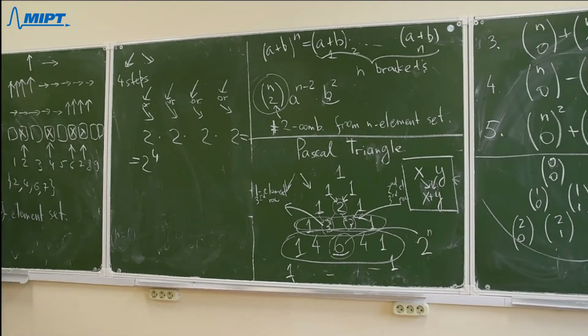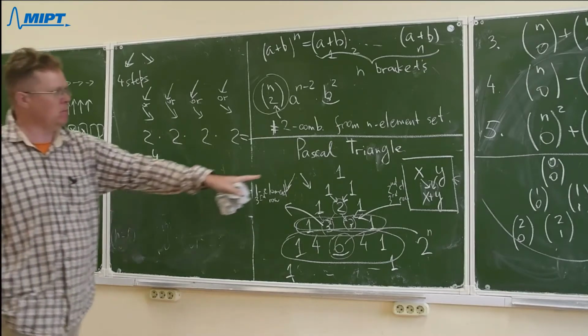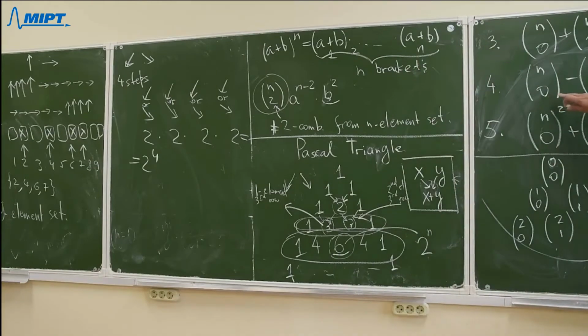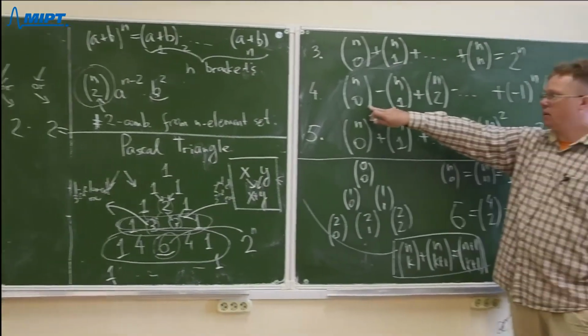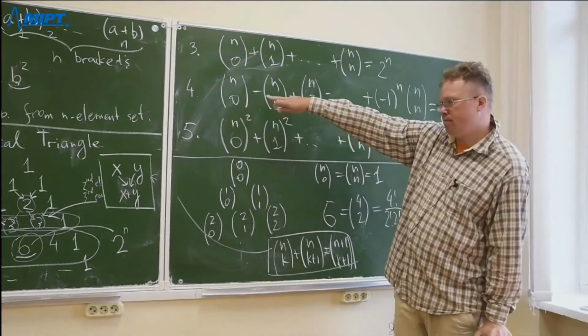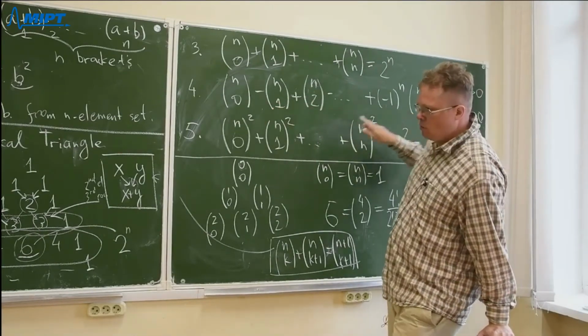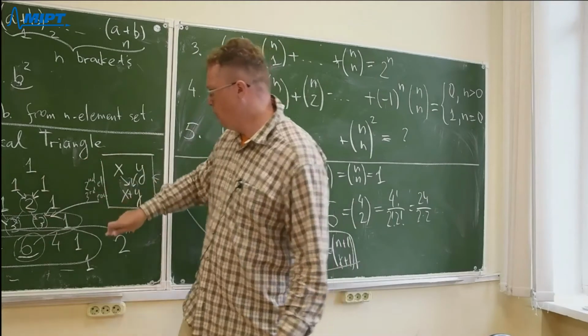Okay, can we calculate this alternating sum? Can we calculate the alternating sum using the same picture here?